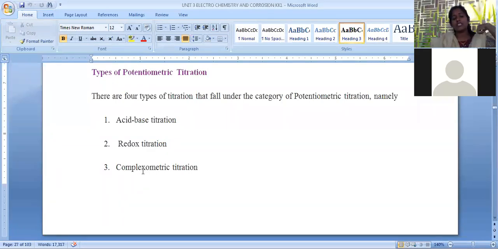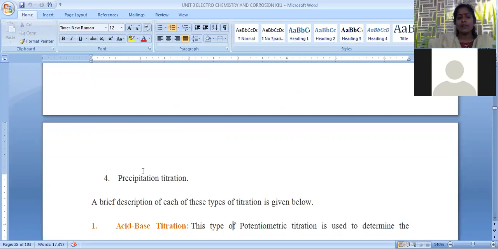When these two mix, a complex forms between titrant and titrate, so that EMF values vary and we can determine the concentration. In precipitation titration, as the solution is added from the burette, the titrate in the conical flask gets precipitated. Based on this reaction we determine its concentration, and again EMF values are used to measure the endpoint, hence it comes under potentiometric precipitation titration.